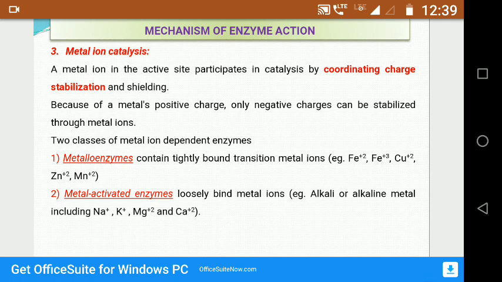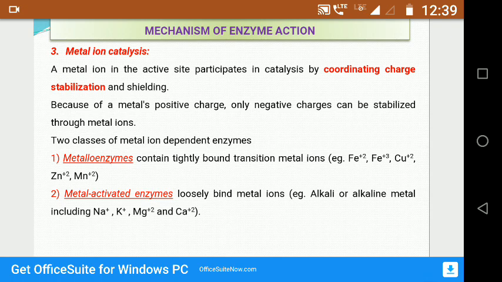So therefore, the metal ions play a key role in the enzymatic catalytic processes. Some of the enzymes require positively charged ions like metal ions. Based on the metal ions bound to enzymes, the enzymes are also classified into two categories.